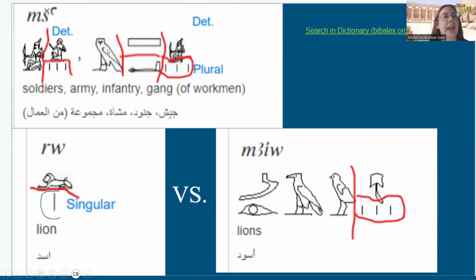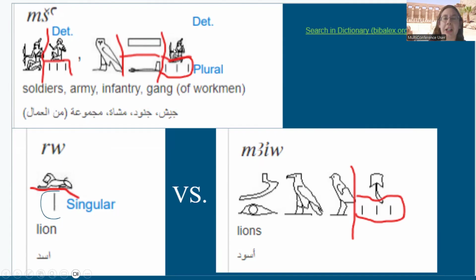So you have M, owl, esh, which I think Egyptologists guess is meant to represent a pool or a basin of water. And then you have the forearm, which is that ah, which looks like an arm just dangling in the air there.